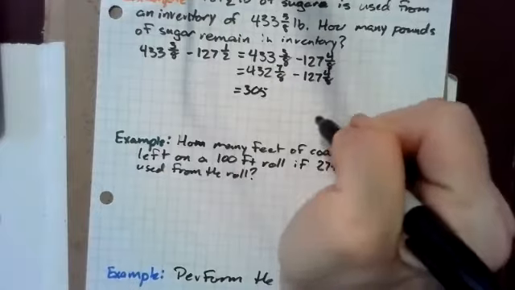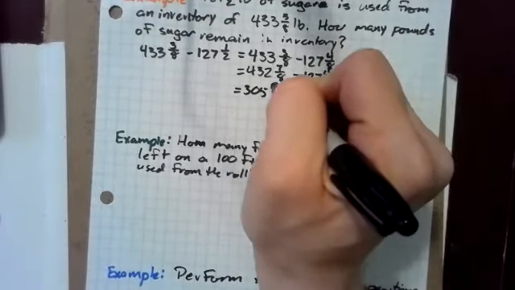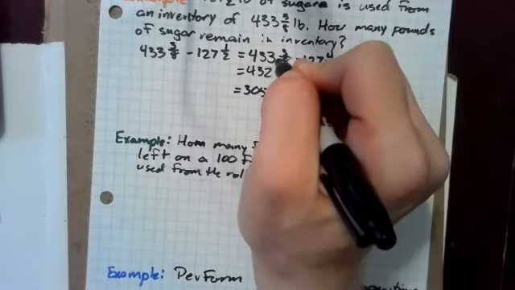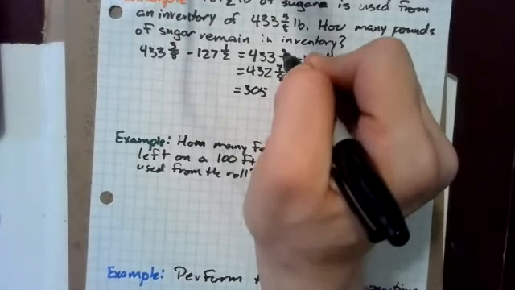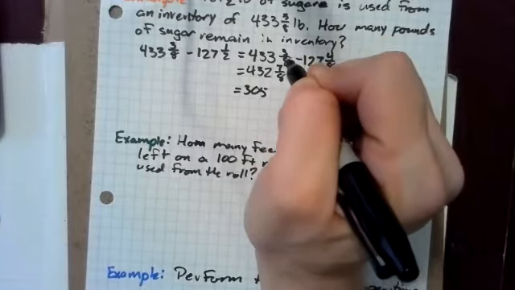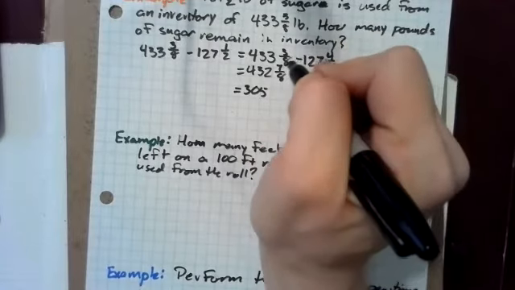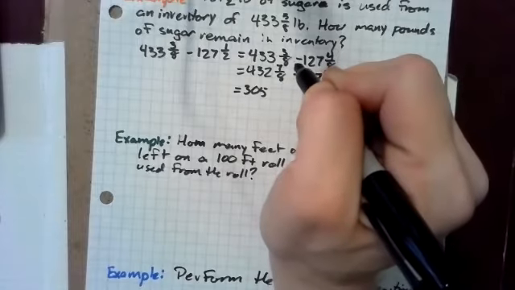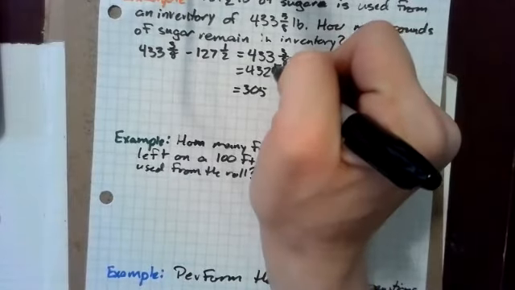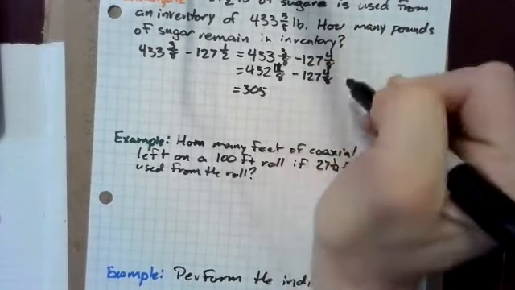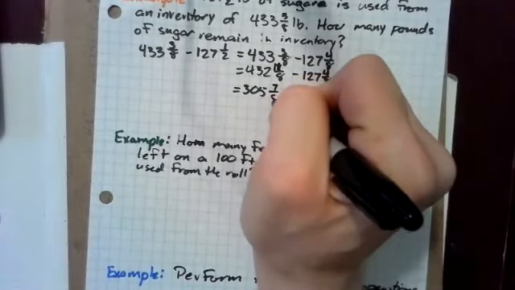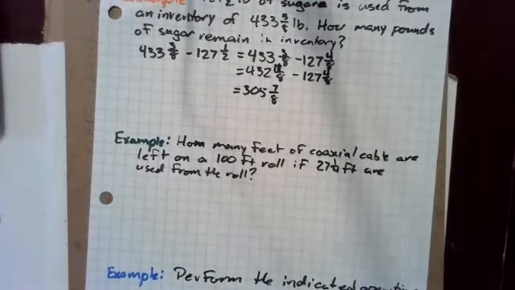And 7/8 minus 4/8 is 3/8. I'm sorry, that shouldn't have been 7/8. It should have been 11/8. 11 minus 4 is 7/8. There we go, that's better. 305 and 7/8 is our answer.